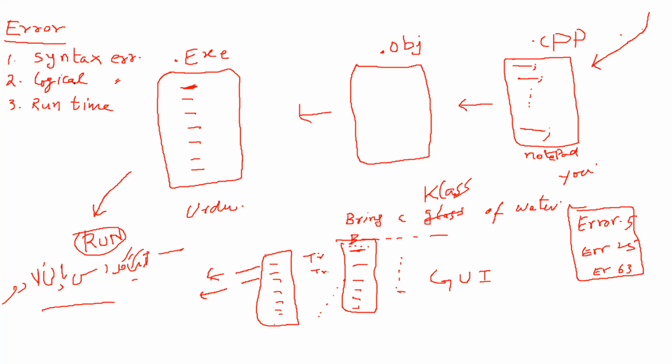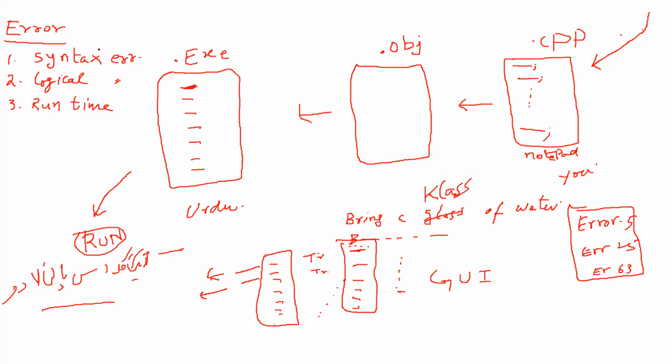As I gave you the example, to bring a glass of water, and I wrote the spelling of glass as KLASS. This type of error is called a syntax error because the word KLASS will not be found in the dictionary. So the English language translator will not translate this word into machine language, and this will be an error.